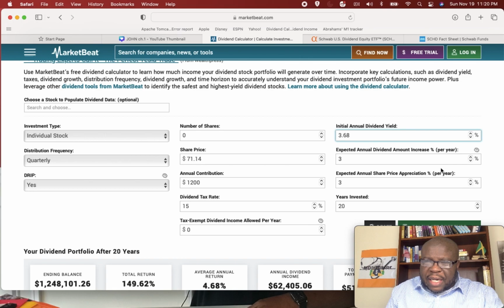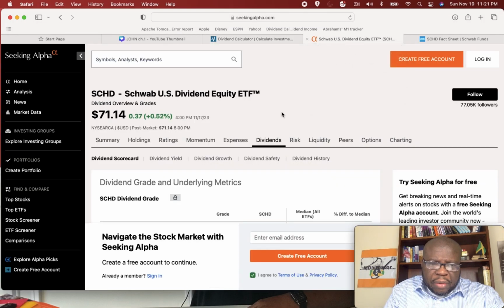The expected annual dividend amount increase per year. How much do you expect your dividends to increase annually? We said the 10-year dividend CAGR was 11.11. Let's look so I don't make this up.